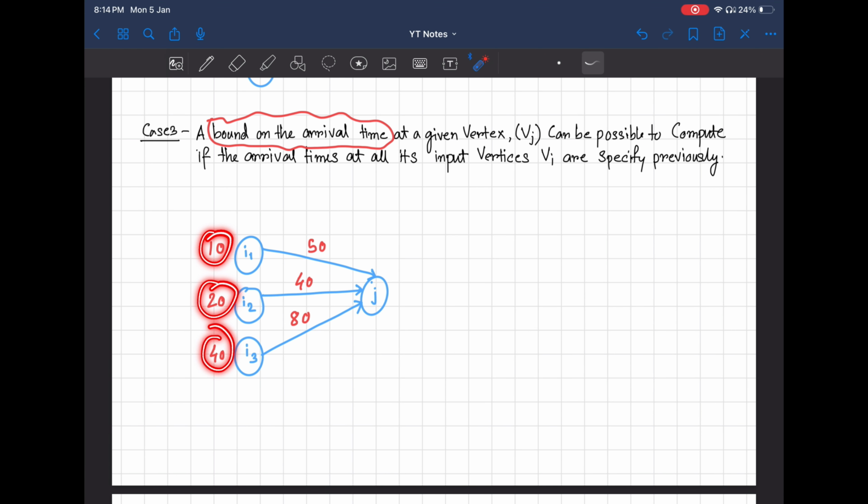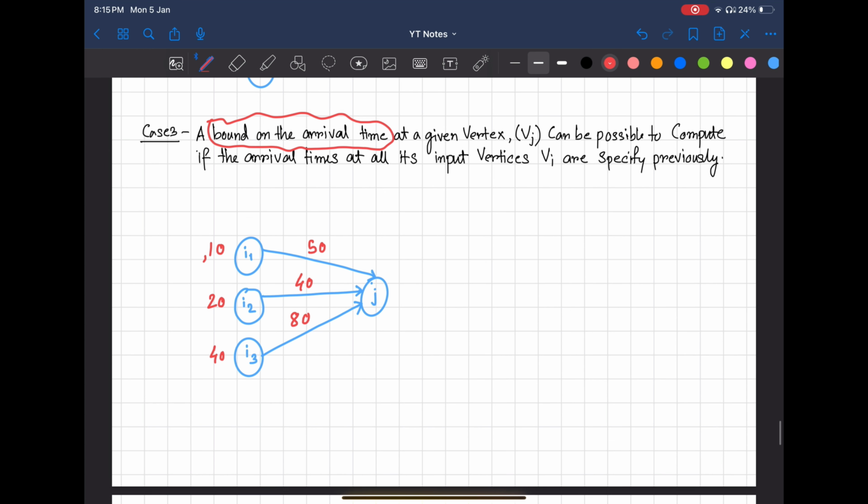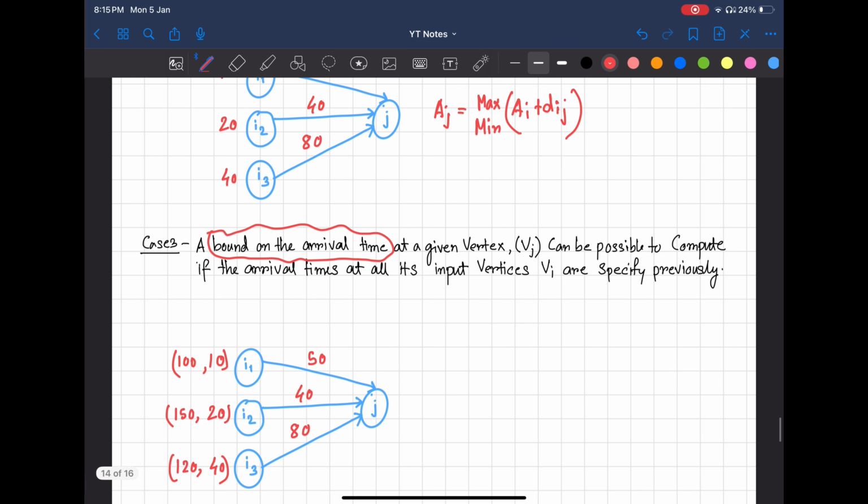If I know the maximum and minimum arrival time for every node, suppose take as an example 100 comma 10, suppose this was 150 comma 20, and this is 120 comma 40. So now for this j node, how to take the bounded arrival time? Follow that same formula.